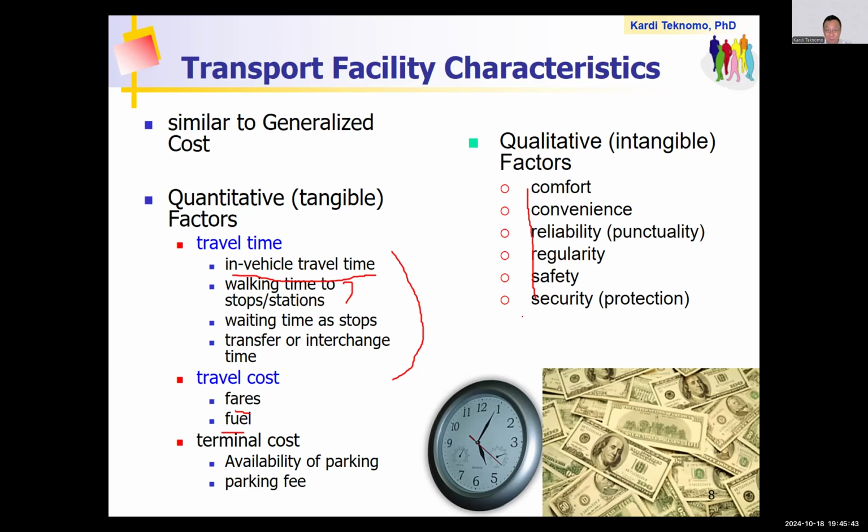So 1 to 5 or 1 to 10 or 1 to 100 is up to you to decide. The basic idea is you want to get how much is the market share for each mode of transportation, whether walking, cycling, or using a car or public transport.